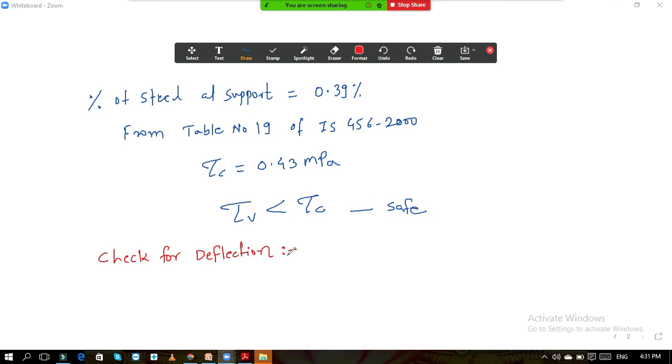That is the reason why we are going to calculate this deflection. So to calculate the deflection, first we will go to figure number 4. From that we will calculate the value of Fs first. Fs is equal to 0.58 into Fy into AST required divided by AST provided. I wrote the formula first so that it will be easier for you.